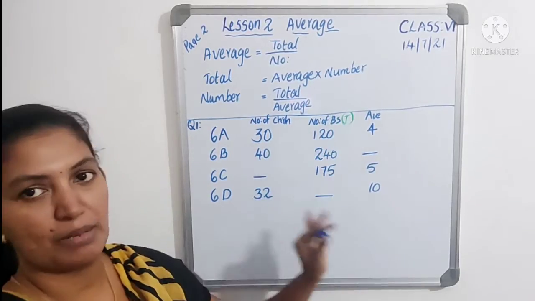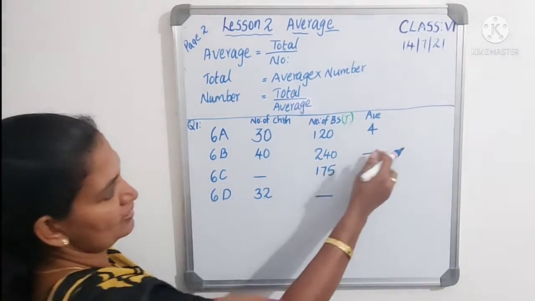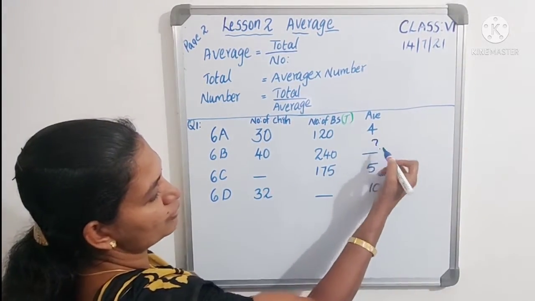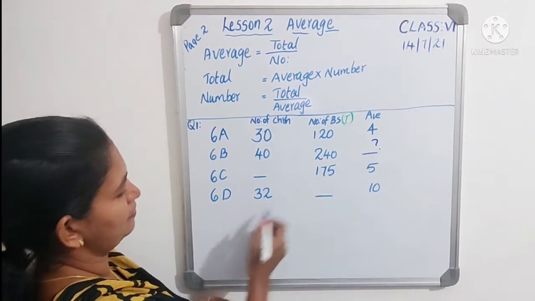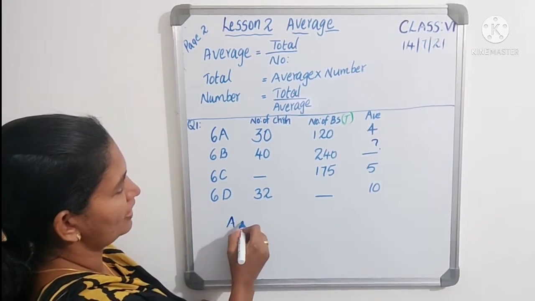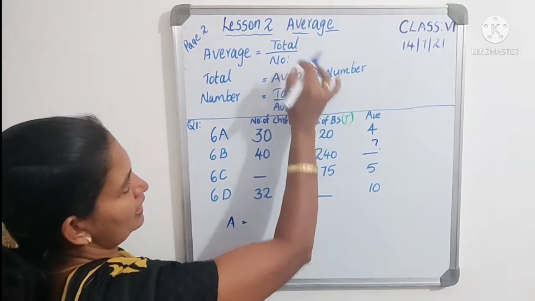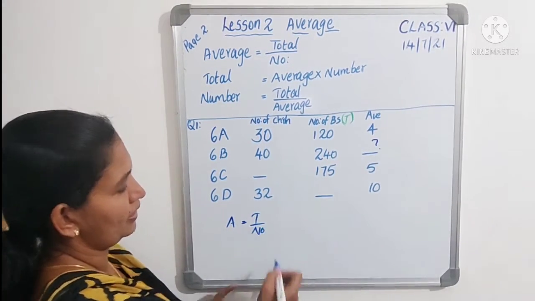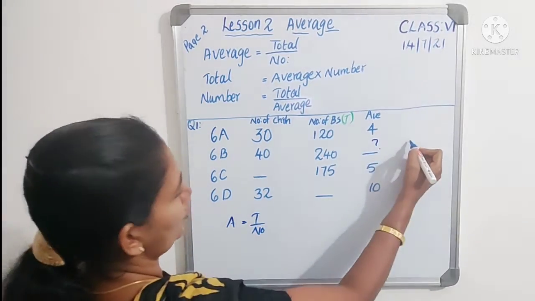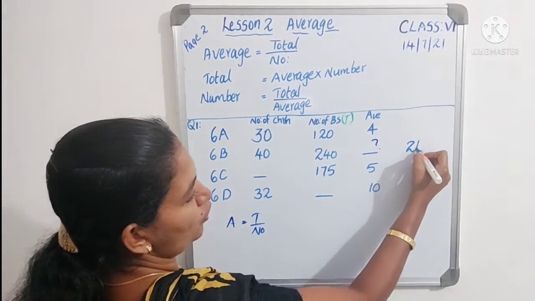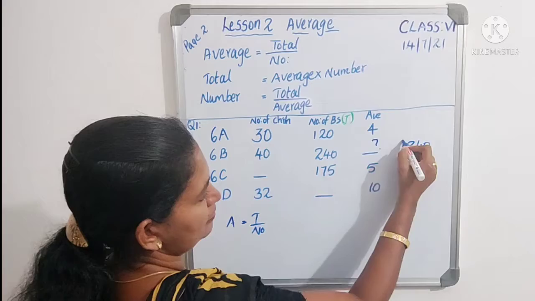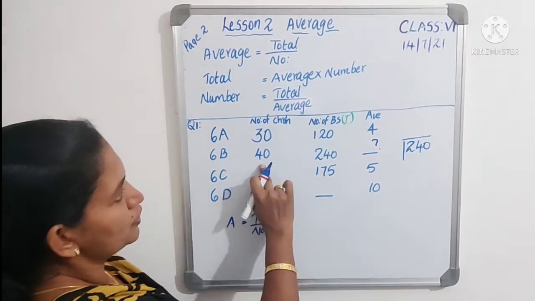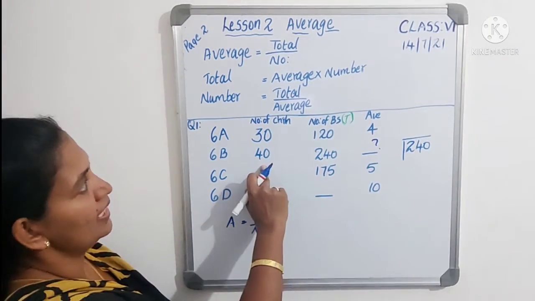First take the formula and apply it. First, we have to find the average. What is the formula for average? Average is equal to total divided by number. You can do it here. Total is 240 and number is 40.